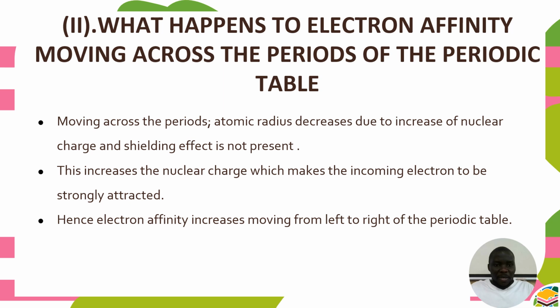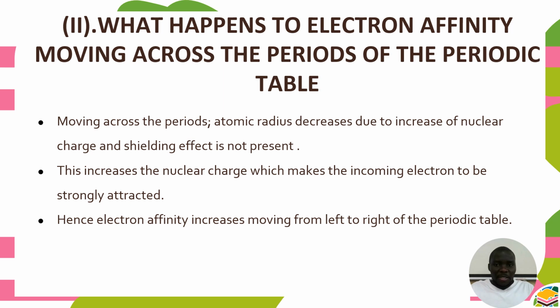I'll repeat that one. As we are moving across the period, the following is happening. Atomic radius decreases. Why does atomic radius decrease? Because of an increase in nuclear charge.